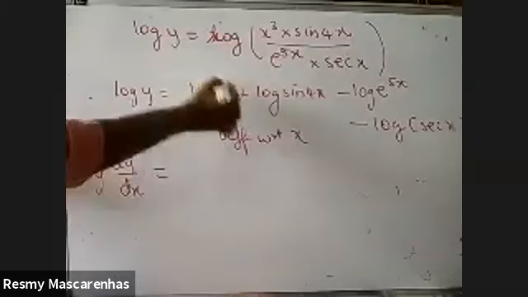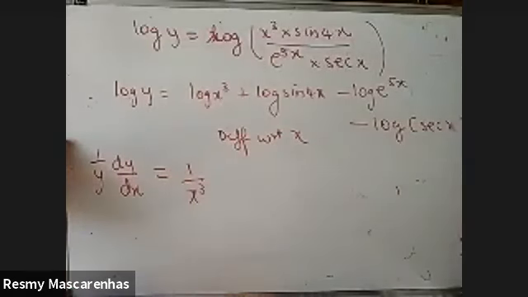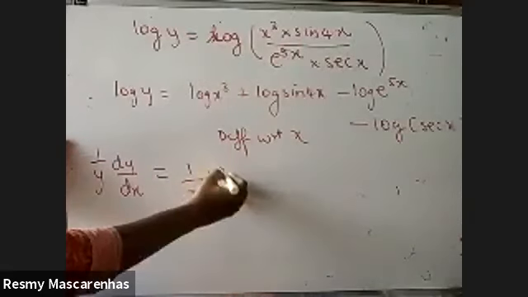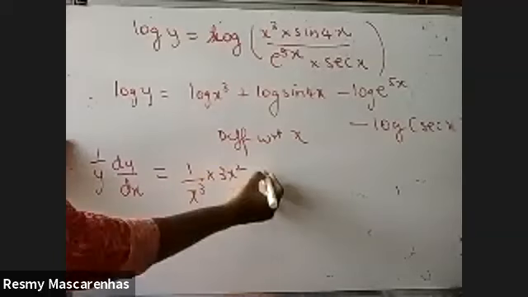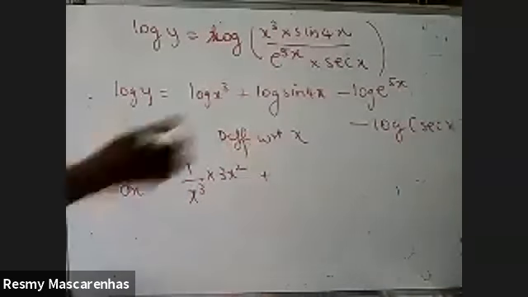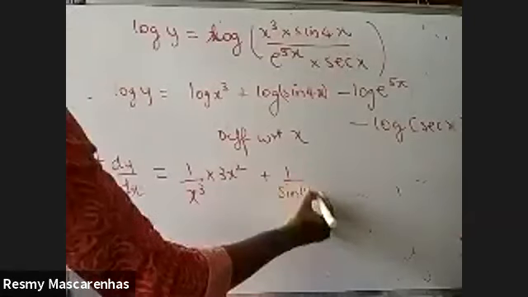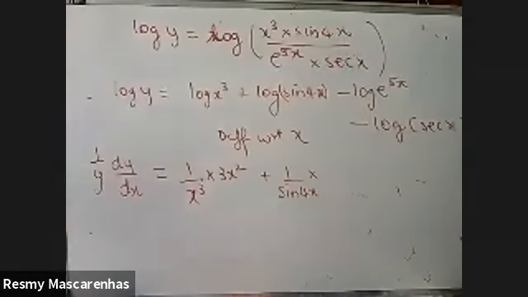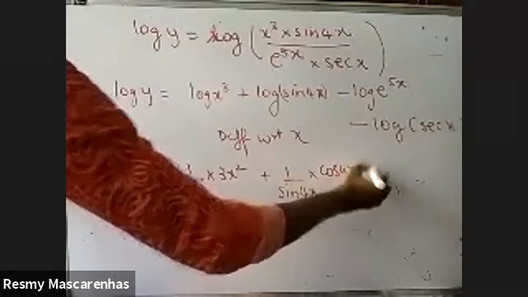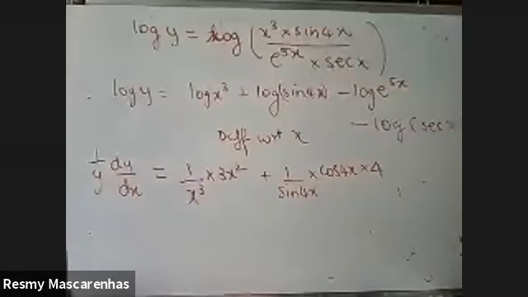Now log of something, log of x cube will be 1 upon x cube into extra derivative of this. So 3x square. Same way, log of this whole bracket will be 1 upon this full thing into derivative of sine 4x. So what will be derivative of sine? Cos 4x into derivative of 4x. So that will be 4.